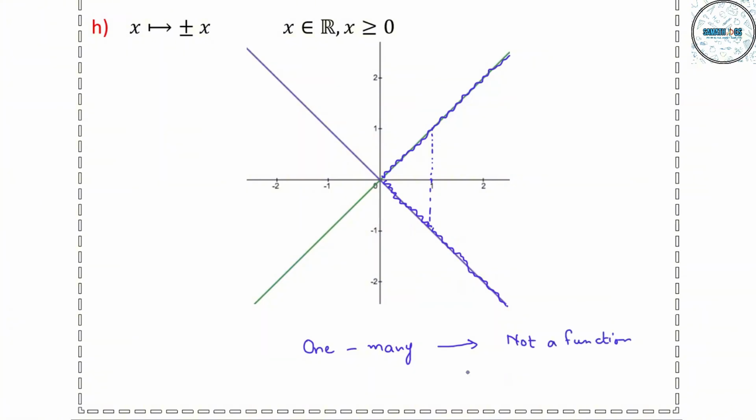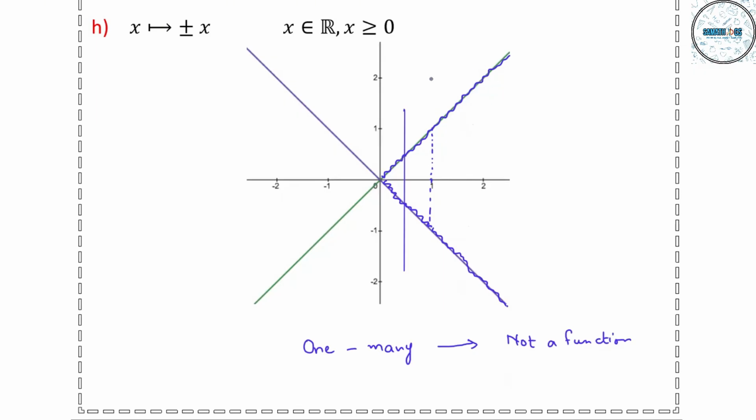Either one-to-one is a function or many-to-one is a function. One-to-many is not a function. We can check this by the vertical line test as well. We will draw vertical lines at different points. We can see this vertical line is intersecting the curve at two different points.